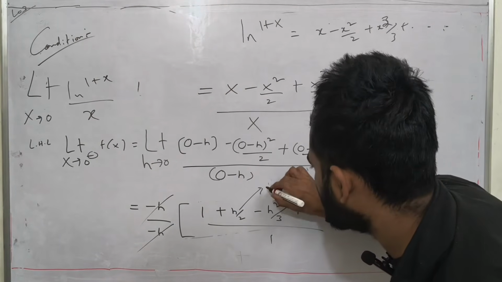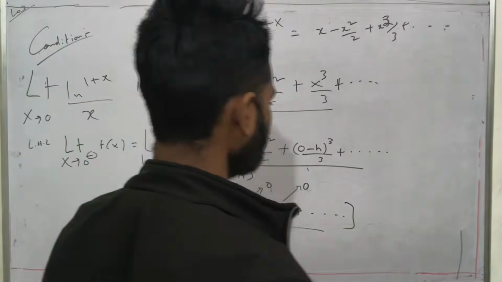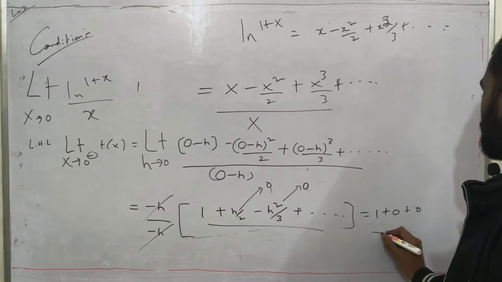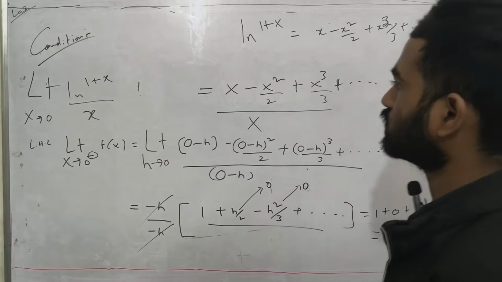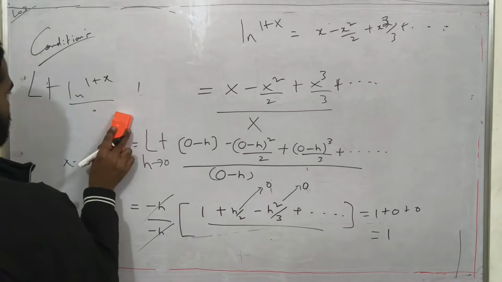So what we will get is 1 plus 0 plus 0, so it is value 1. So this is the left hand limit, we got value 1.